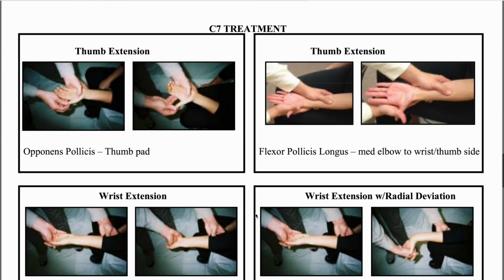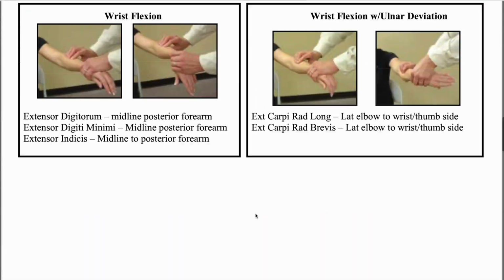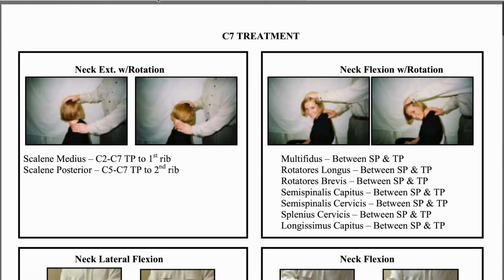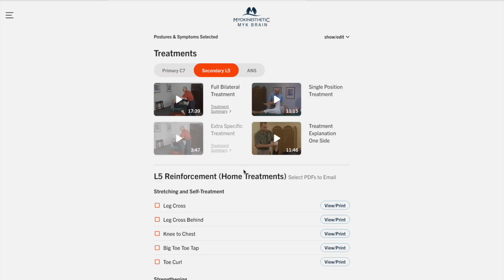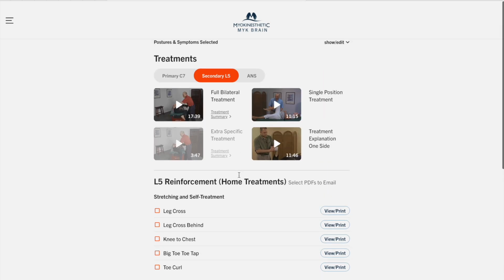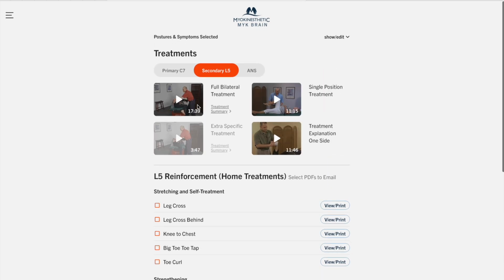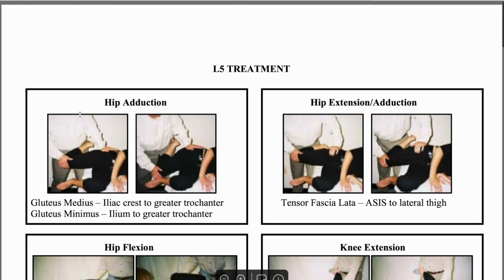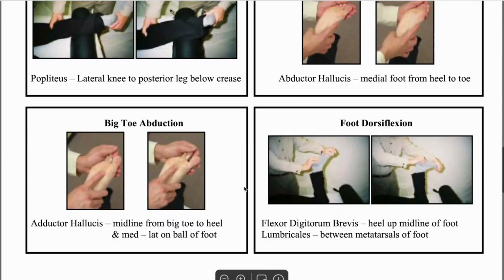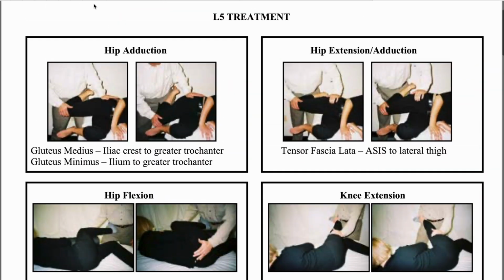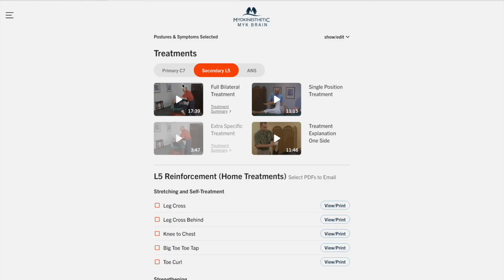And so there is the treatment right there for C7. If we get into L5, same thing, the full bilateral treatment, single position treatment, and then the treatment one-sided. And again, you have the treatment flip chart here, and then you got the before and after picture and all the movements that we're going to do with that particular treatment.